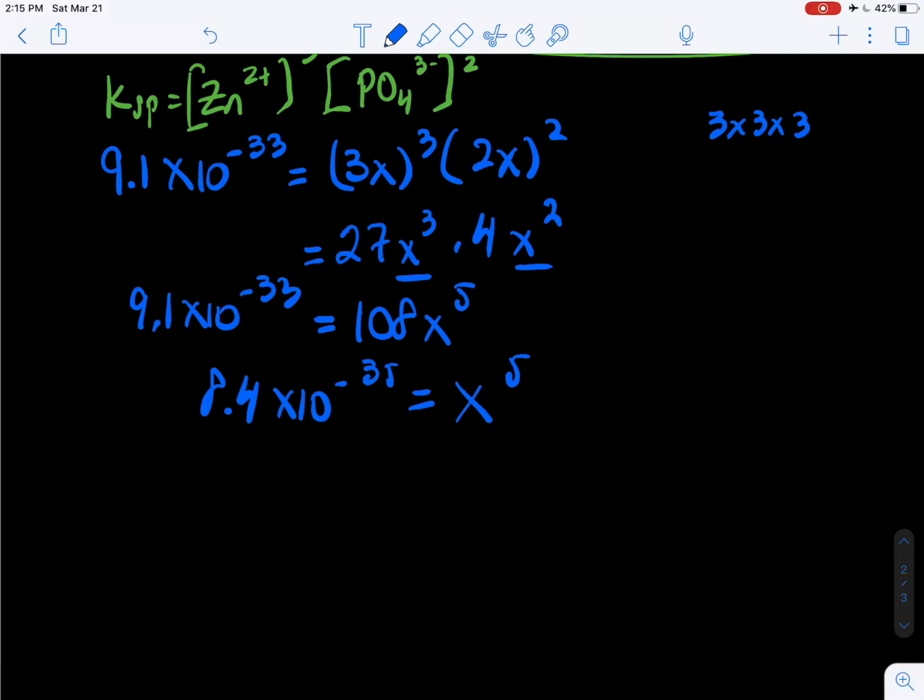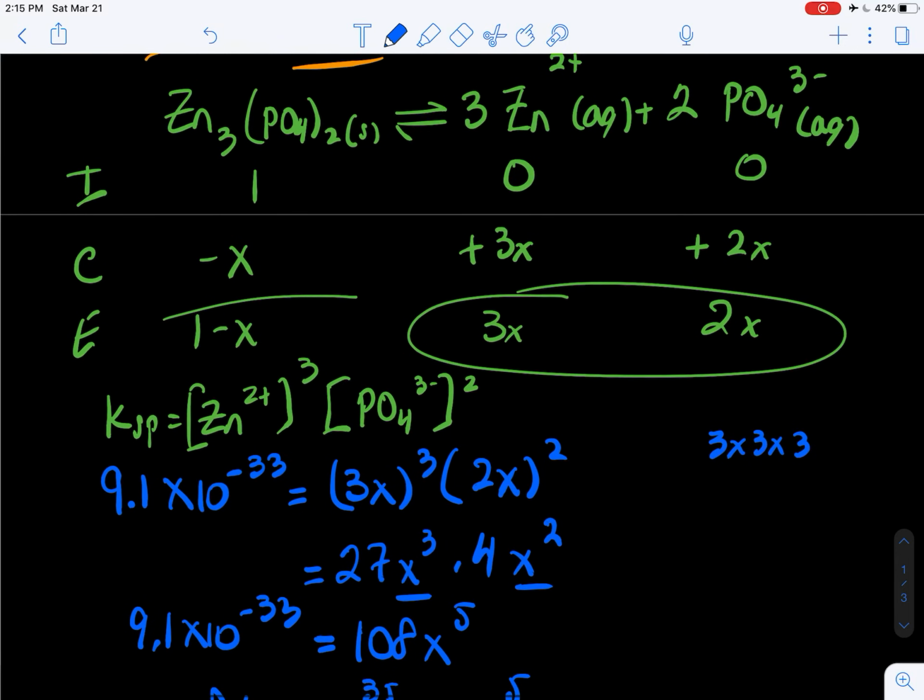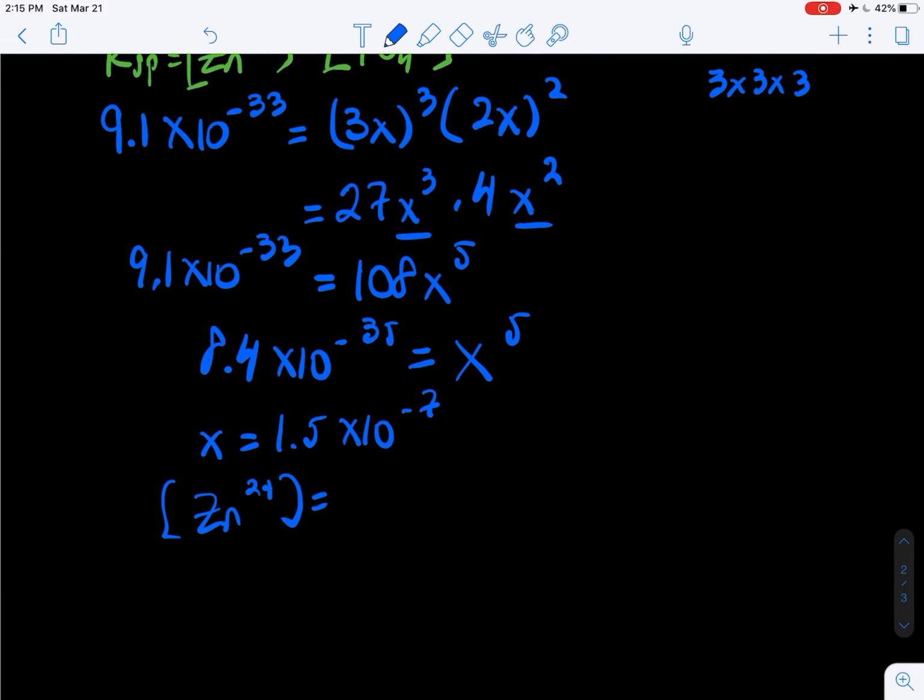And here's where you want to do the fifth root on your calculator. And when I do that, I get 1.5 times 10 to the minus 7. Now remember that the zinc ion, if you look back on the ice table, right, is 3x.